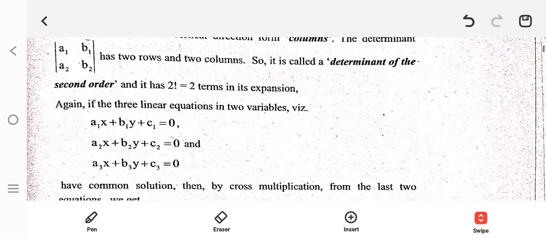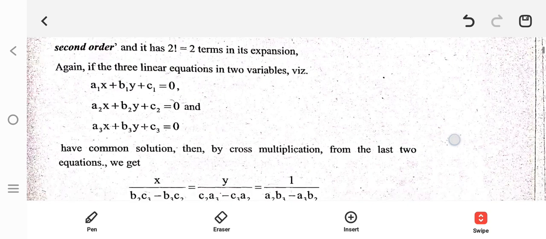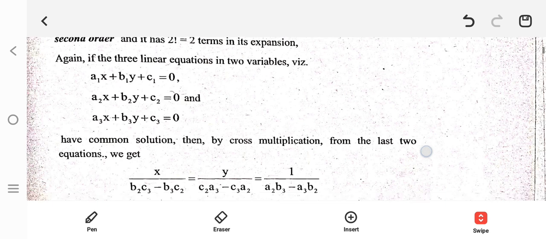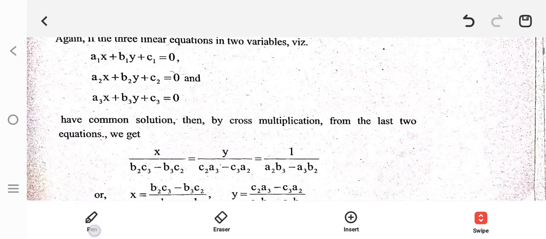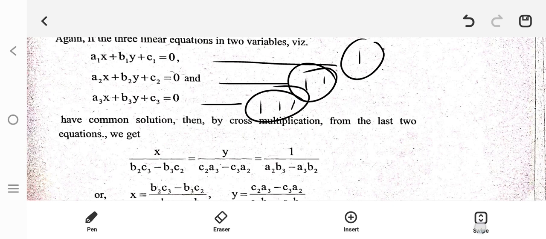And again, if we take three linear equations in two variables: a1x plus b1y plus c1 equal to 0, a2x plus b2y plus c2 equal to 0, and a3x plus b3y plus c3 equal to 0. This is our first equation, this is the second equation, and this is our third equation, right?